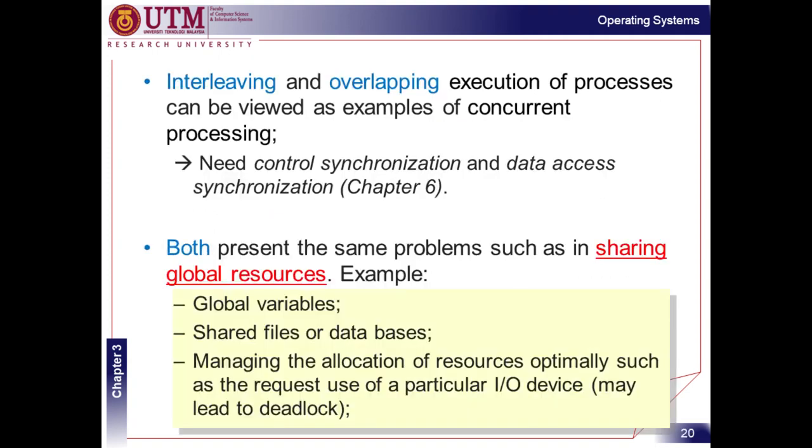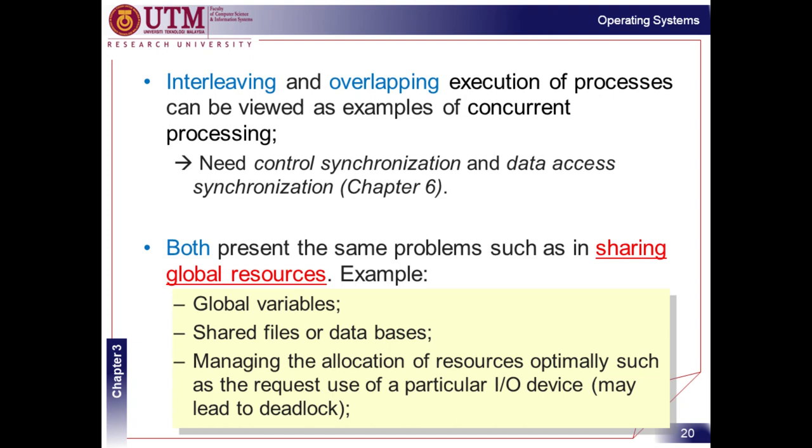In this slide, we will discuss some aspects of concurrent processing, which is the interleaving and overlapping execution of processes. Concurrent processing can improve the performance and efficiency of a system, but it also introduces some challenges that we need to address.